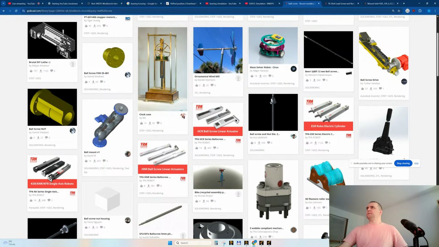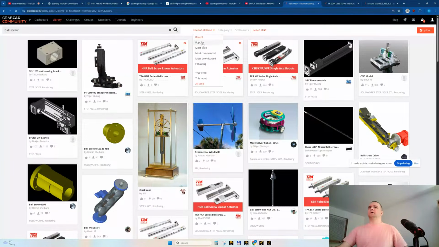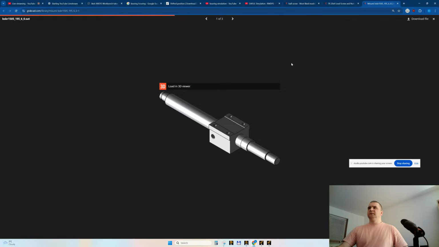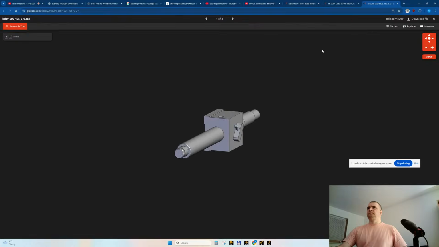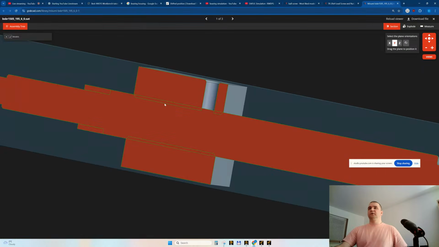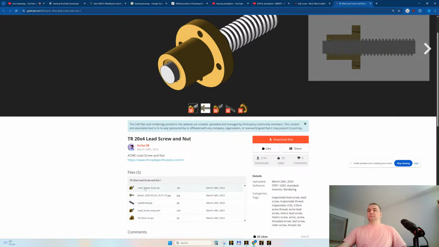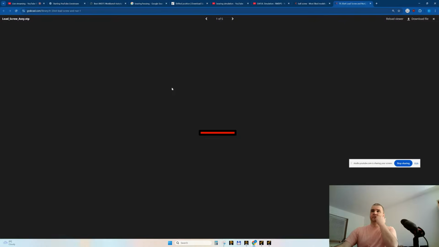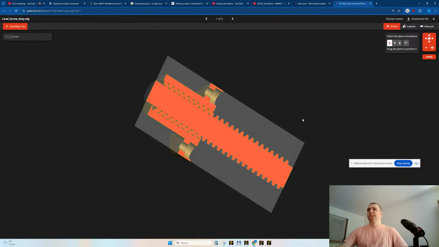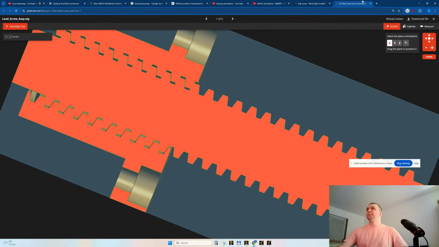Let's order by most liked. Misumi bar. Look how much collision. Maybe it's meant to simulate the thread. No balls.